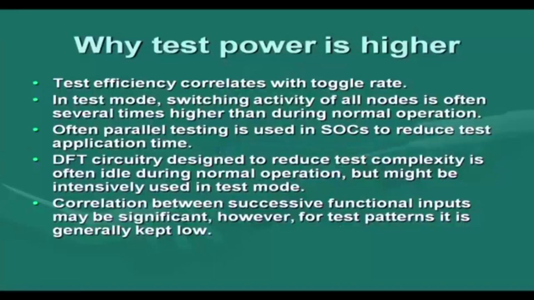But as a test engineer, we are trying to test a number of cores together in parallel. So, we are going to have the power consumption of all these modules, and if two high power consuming cores are tested in parallel, there is a possibility that the total power consumption will cross the power budget of the system. This is the point: parallel testing is often used in SoCs, system on chip based designs, to reduce the test application time. So, that will increase the power consumption.